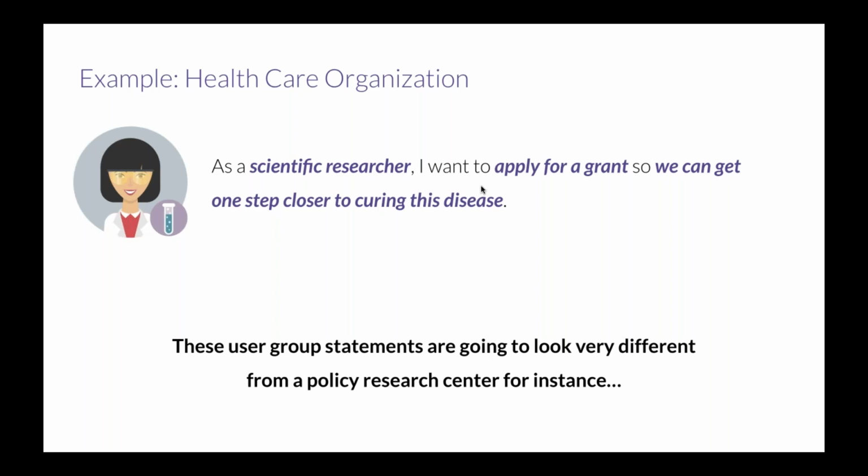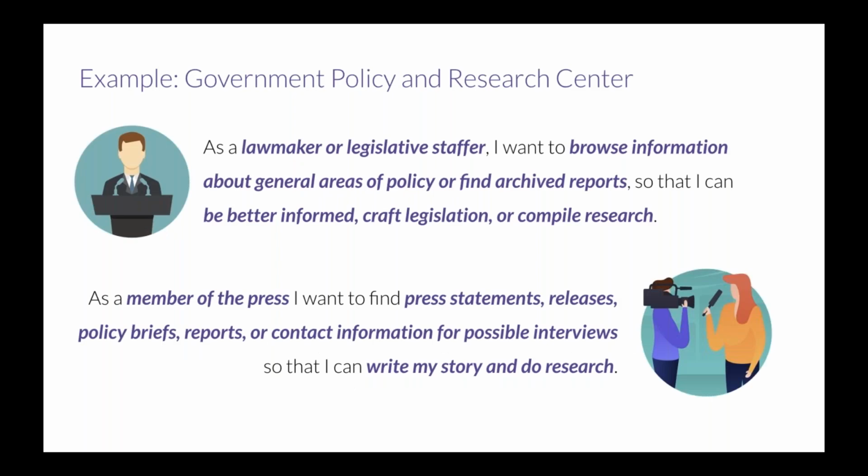So the first user would say, as a lawmaker or legislative staffer, I want to browse information about general areas of policy or find archived reports so that I can be better informed and craft legislation and compile research. The next user might say, as a member of the press, I want to find statements, press releases, policy briefs, reports, or contact information for possible interviews so that I can write my story and do research.